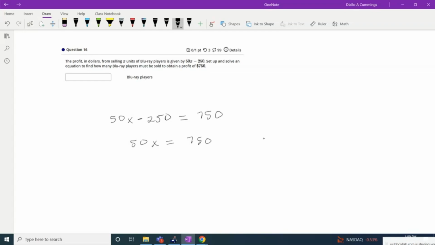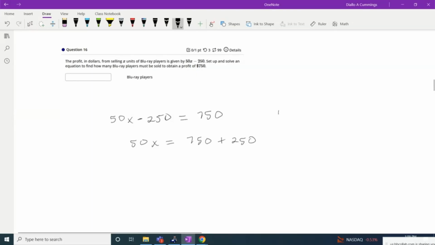And when I move this negative 250 to my right-hand side, it becomes positive 250. So when you move entire terms across an equal sign, you simply change your sign. So now we have 50x is equal to 750 plus 250.